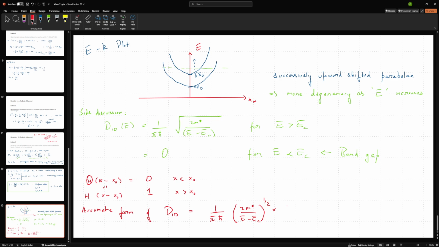The unit step function or the Heaviside step function, so I should just write this as H of E minus EC. So this quantity is the step function, unit step function, or I like giving homage to people who came up with these things. So this is the Heaviside step function.